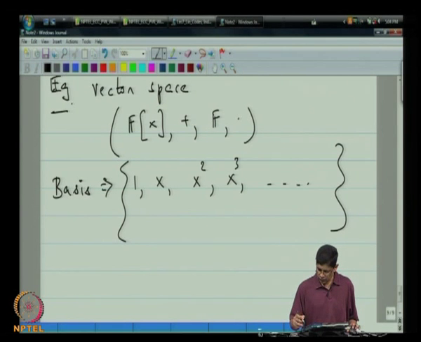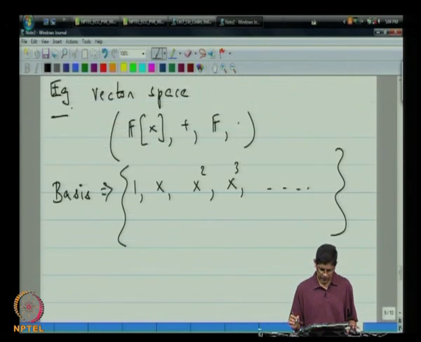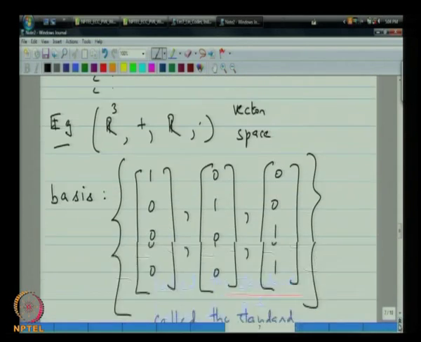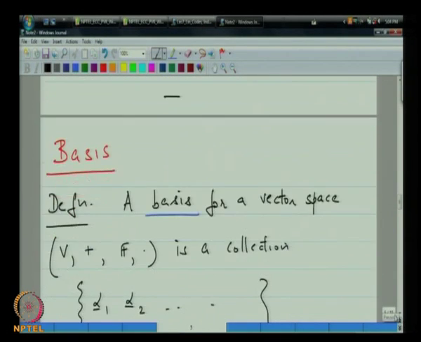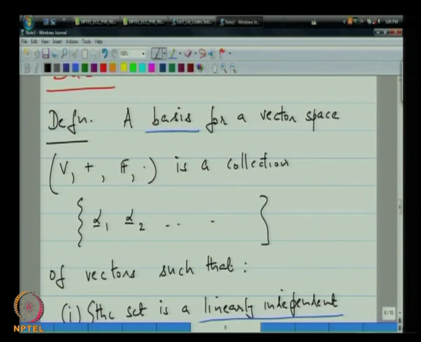Now I just want to go back and talk about this issue of finite versus infinite. I told you that if you are uncomfortable with the idea that a basis is an infinite set of vectors, you could think of it as finite. So now we will formally move on to consider this restriction.